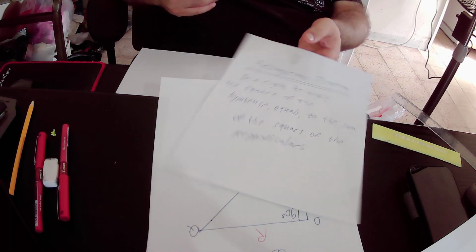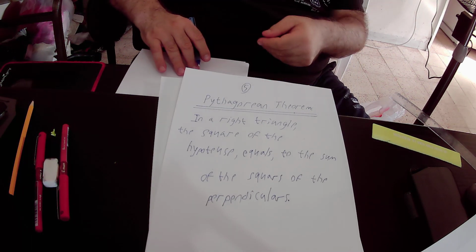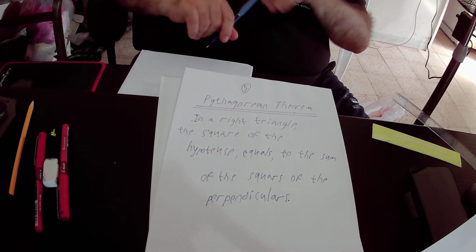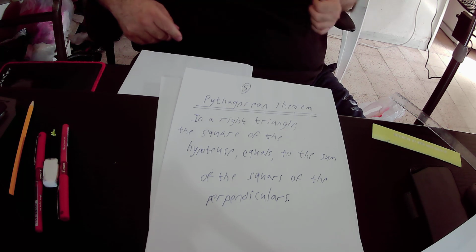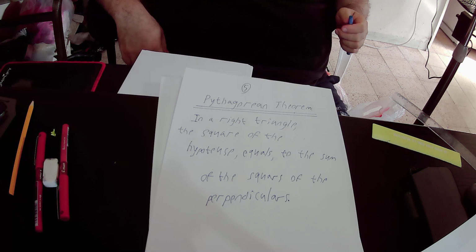So I will read again the Pythagorean theorem. The Pythagorean theorem states that in a right triangle, the square of the hypotenuse equals the sum of the squares of the perpendiculars.